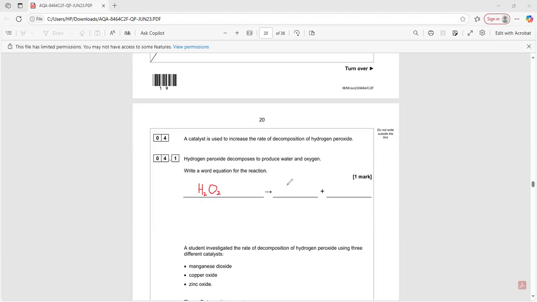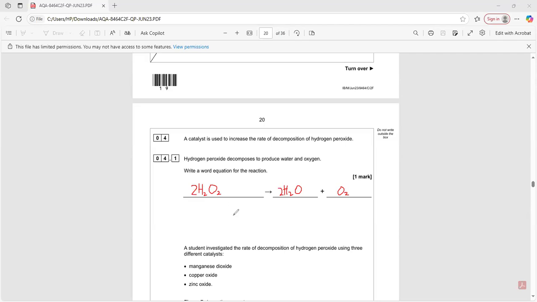H2O2 is going to give you water, H2O, plus oxygen, O2. Now, of course, the equation is not balanced. To balance it, I would put 2 in front of H2O2 and 2 in front of H2O, and that will balance everything out.